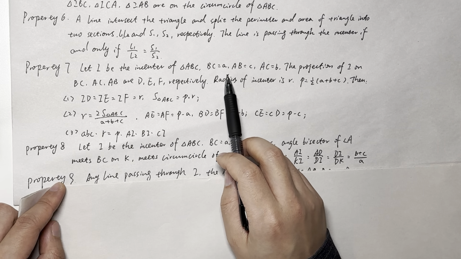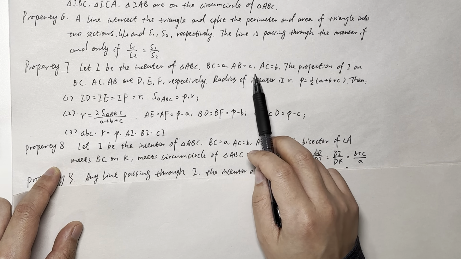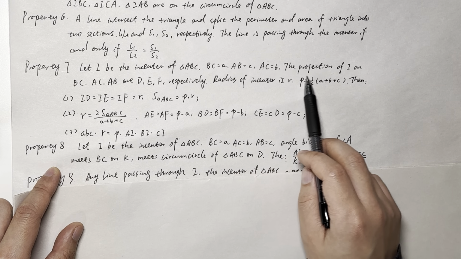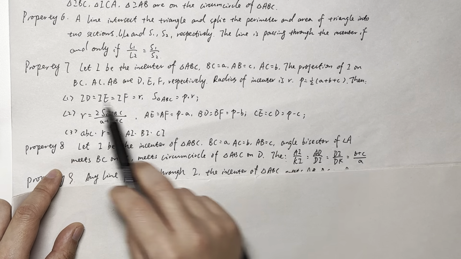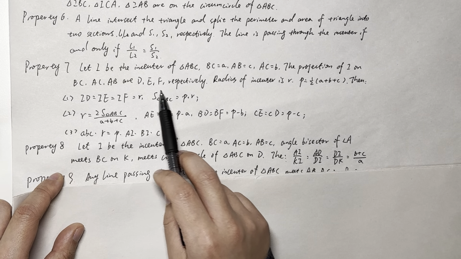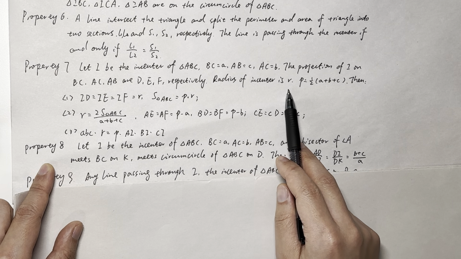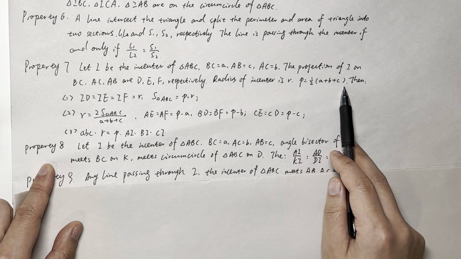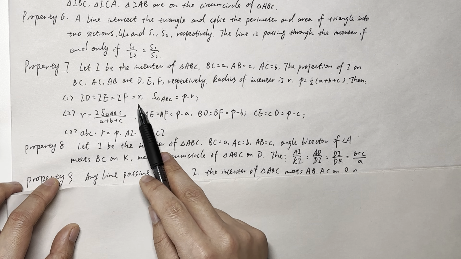BC equals a, AC equals b, AB equals c. The projections of I on BC, AC, AB are D, E, F respectively. The radius of the incircle is r, p is half of a plus b plus c. Then ID equals IE equals IF equals r.